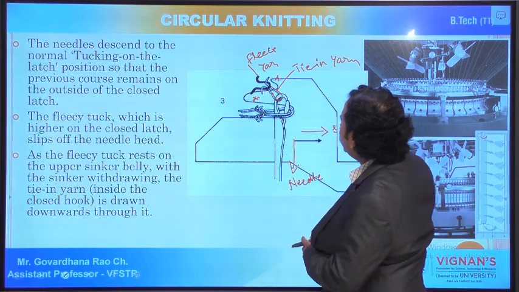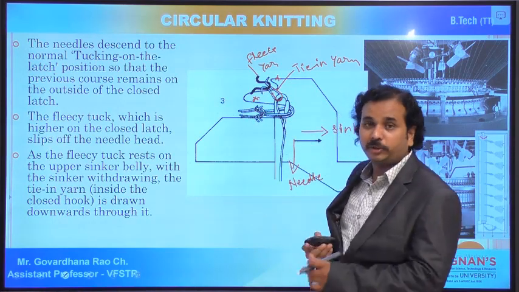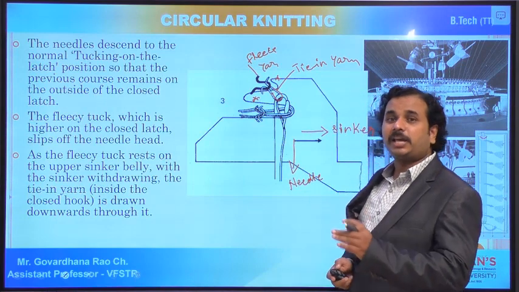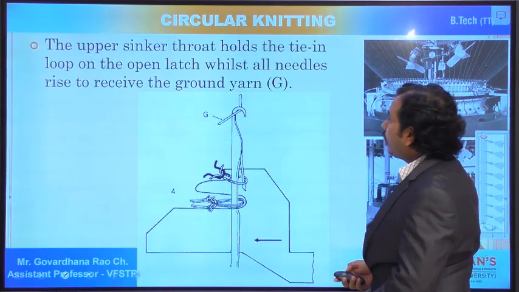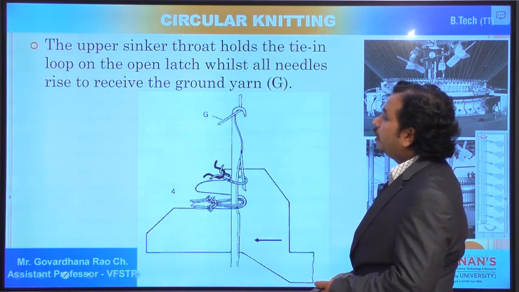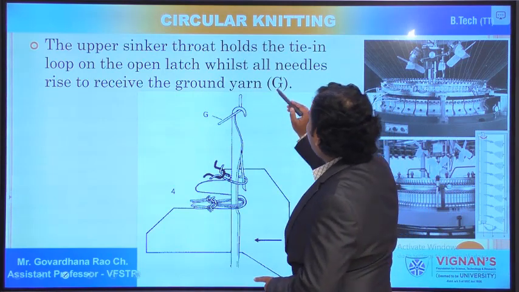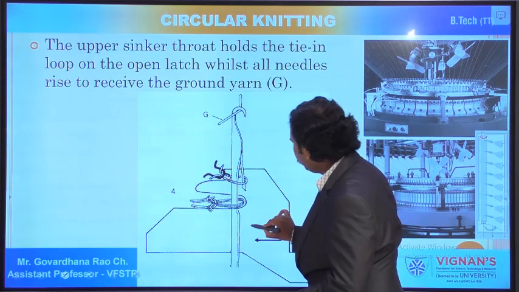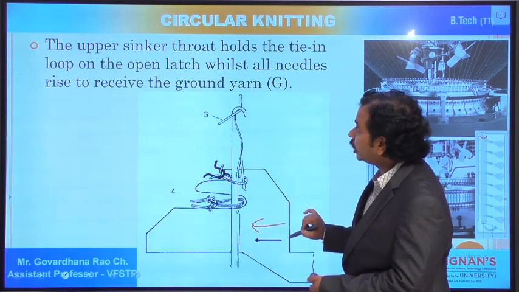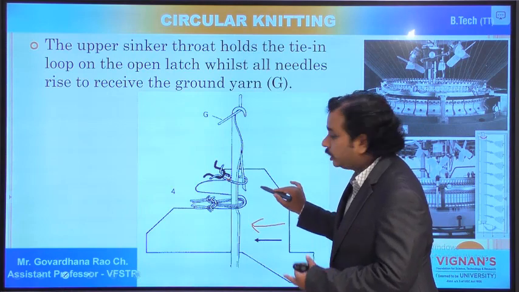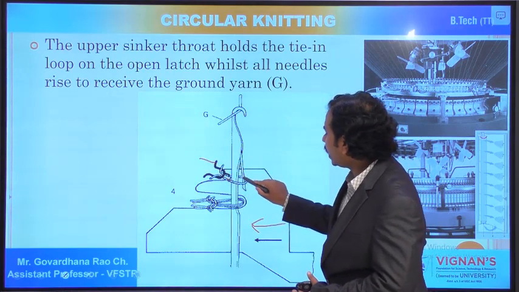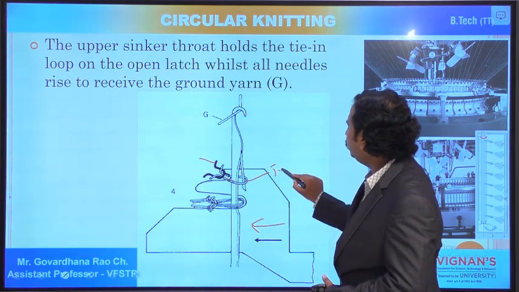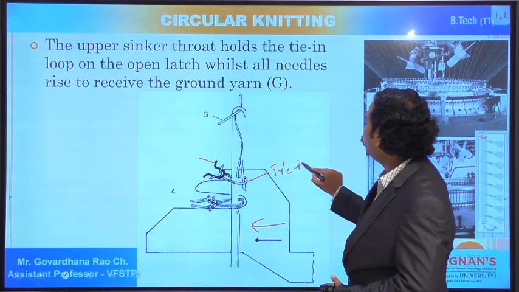In between them are the fleece yarn as well as the tie-in yarn. After that, the sinker moves forward again, and the upper sinker throat holds the fleece yarn loop as well as the tie-in yarn loop.